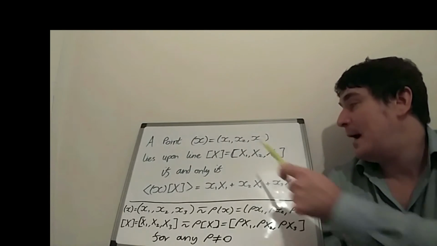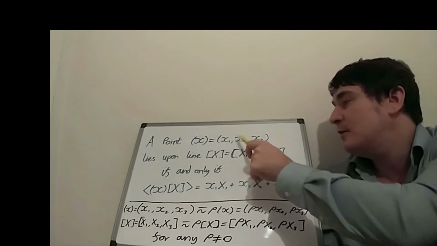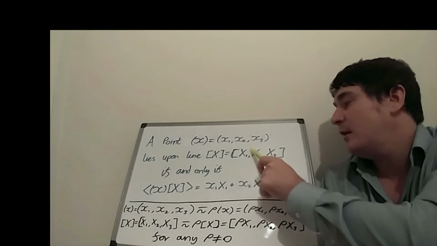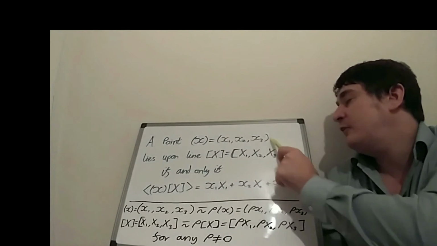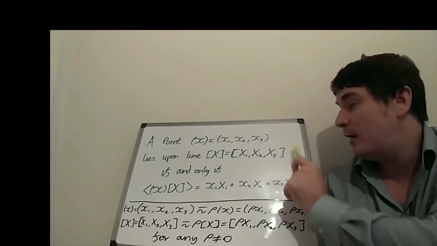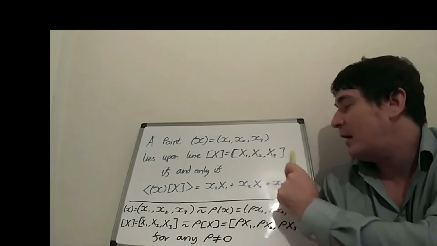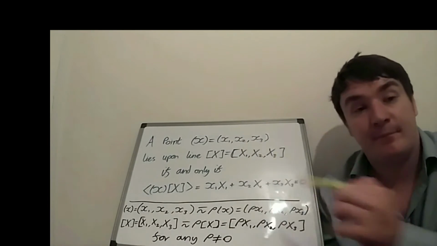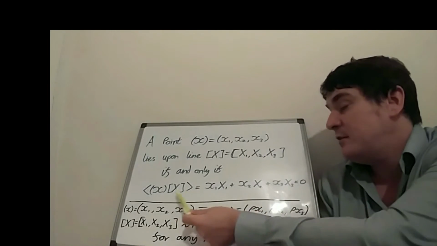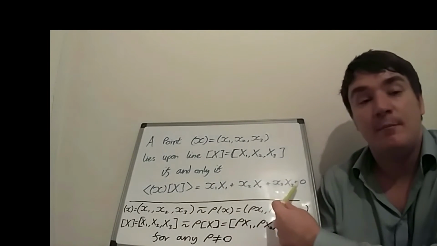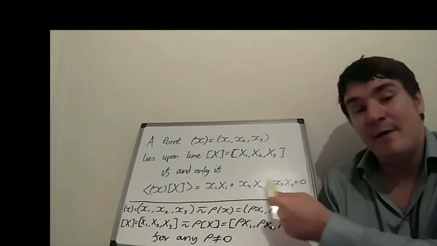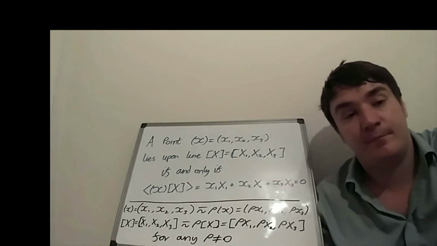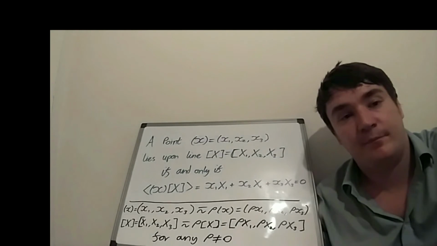And all that matters is the ratio between these 3 numbers when we're talking about the points, similarly with the line, and we don't allow all of these 3 entries to simultaneously be 0. And this is the condition for when a line and a point meet, essentially when the inner product of their vectors equals 0.